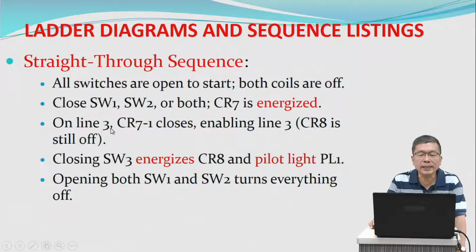On line 3, control relay 7-1 closes. In line 3, control relay 8 is still off. Closing switch number 3 energizes control relay 8 and pilot light 1. Opening both switch 1 and switch 2 turns everything off.